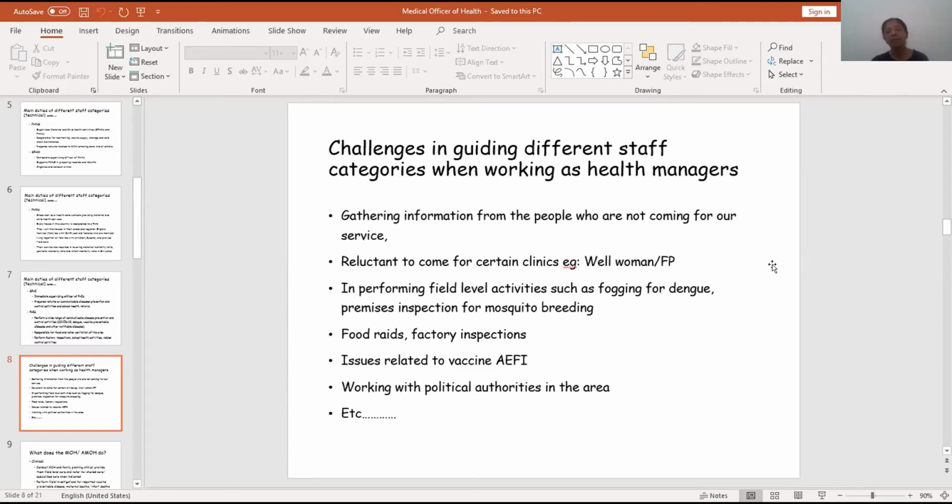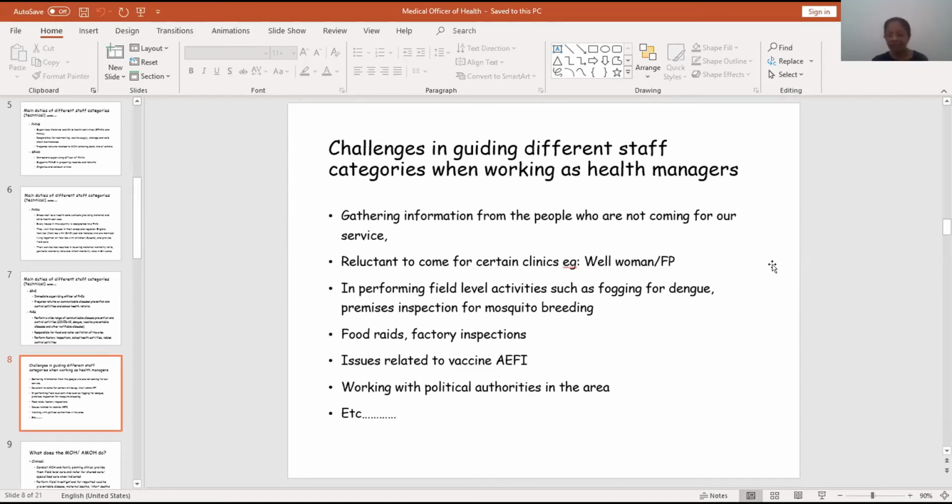But when politicians and influential people interfere in those things, it is a problem. And food grades, again, PHIs have a lot of problems when they are doing food grades. And nowadays we are not seeing vaccine preventable diseases in the community. So in certain categories, they don't come for immunization because they see only adverse effects of immunization. Therefore, they don't come for immunization.